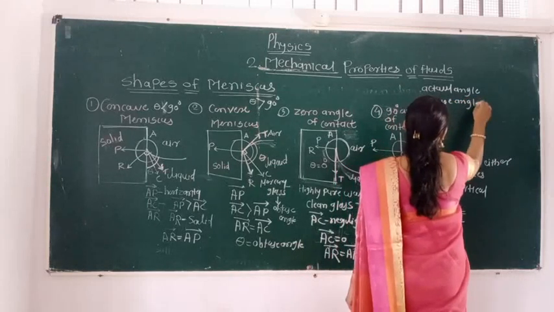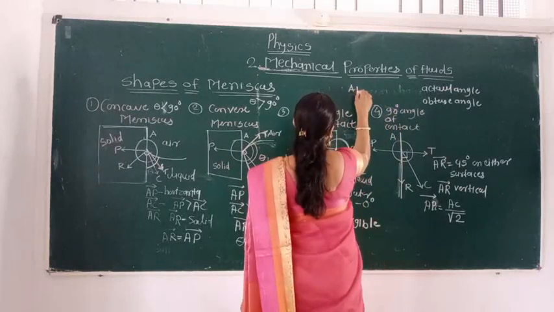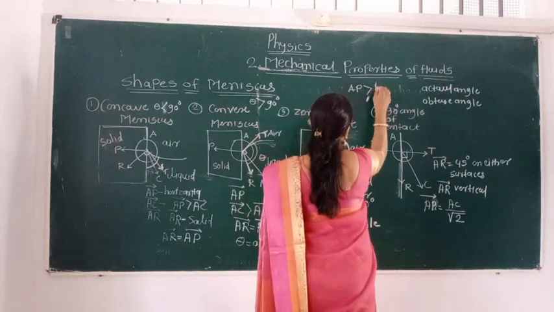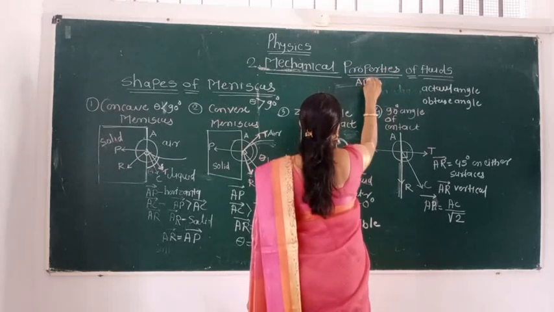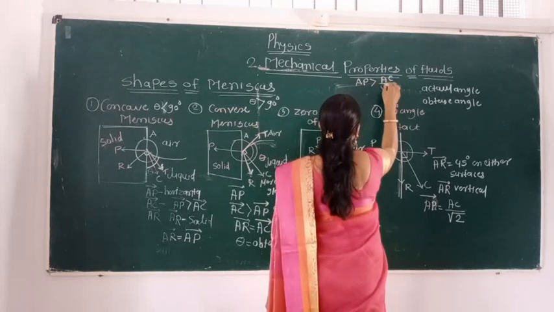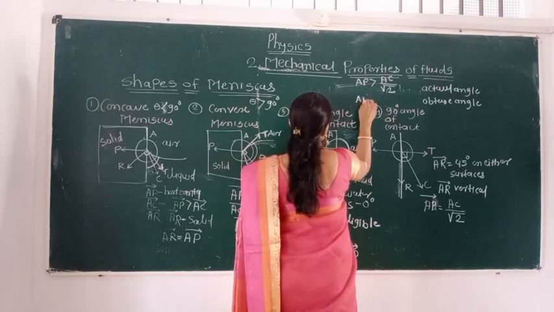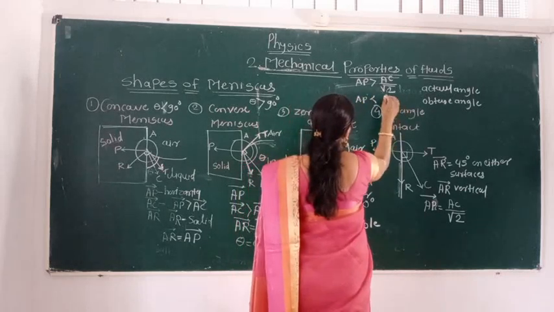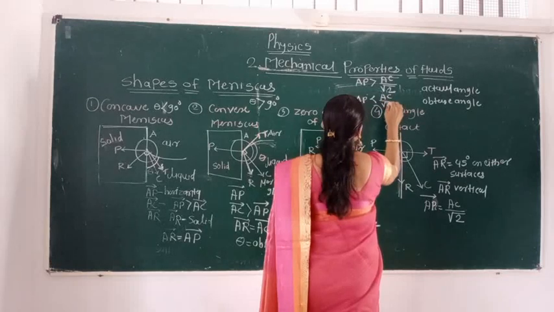Only two equations are there. For acute angle, AP is greater than AC divided by root 2, and for obtuse angle AP is less than AC divided by root 2.